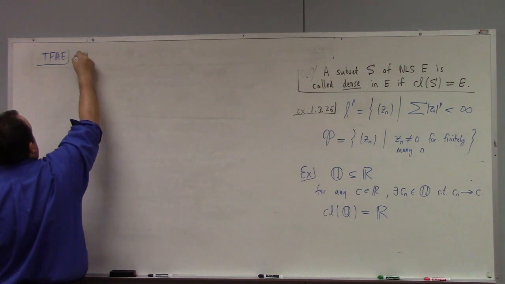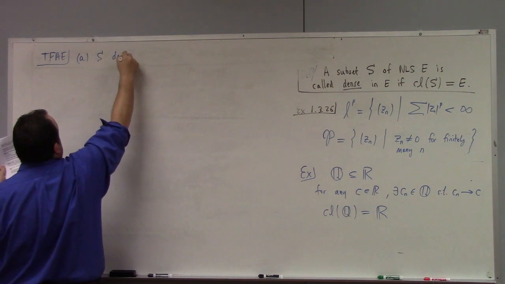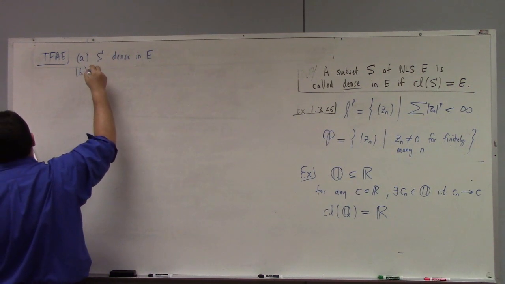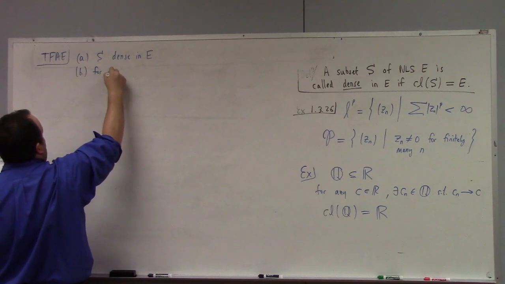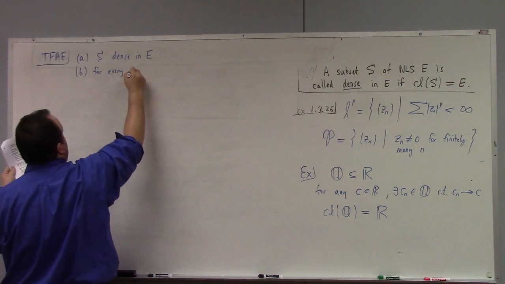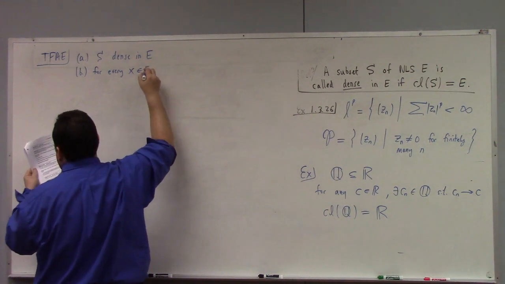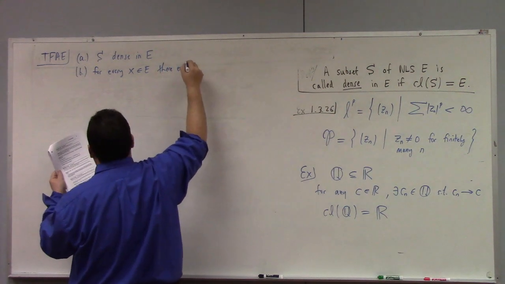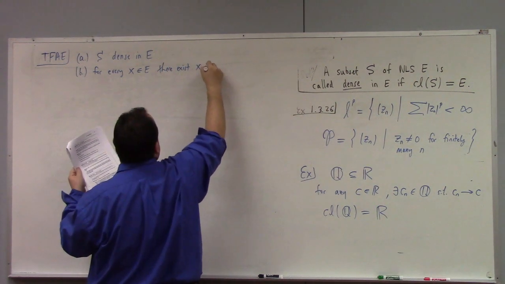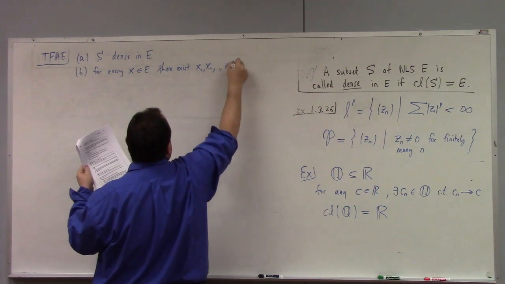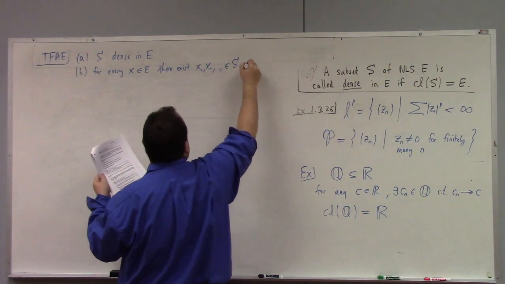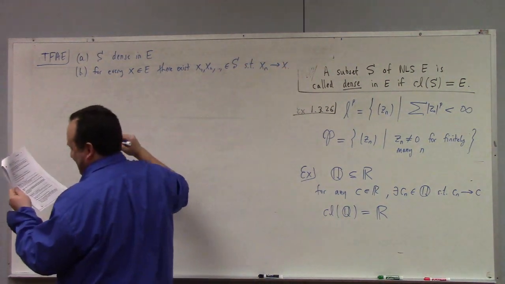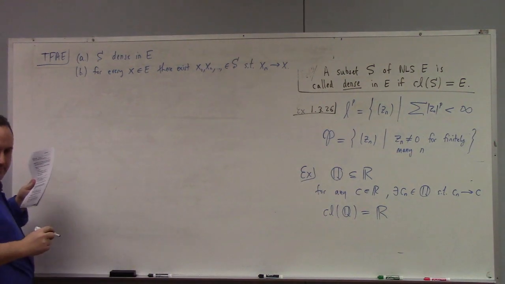A, S is dense in E. B, for every x in E, there exist x_1, x_2, and so on in S such that x_n goes to x. I think I just used that in my example. Uh-oh. Yeah, we're okay.